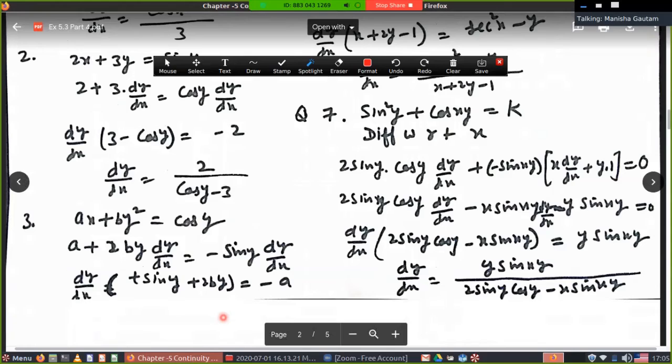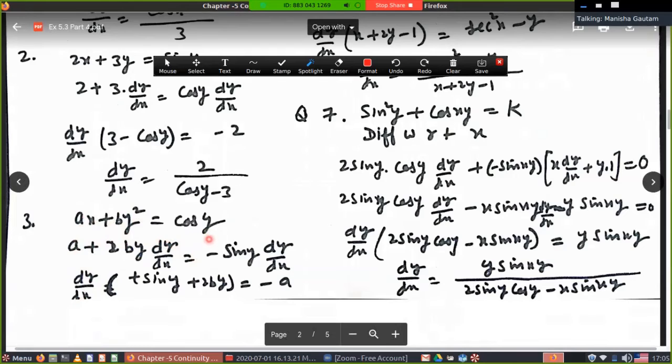Third question, take the derivative of the function ax plus by square equal to cos y. The derivative of x is 1, so it is only a, b as it is, y square means 2y, and the derivative of y is dy/dx.